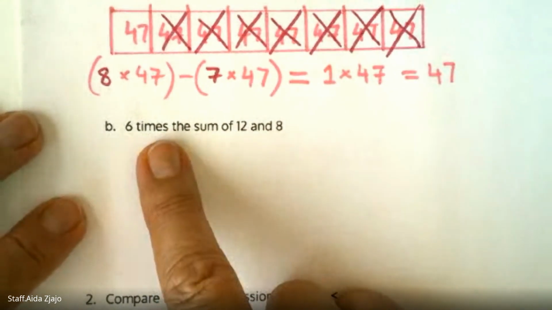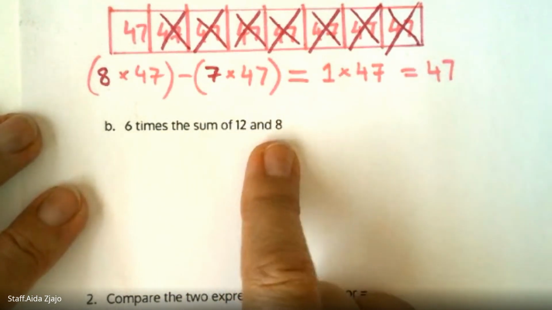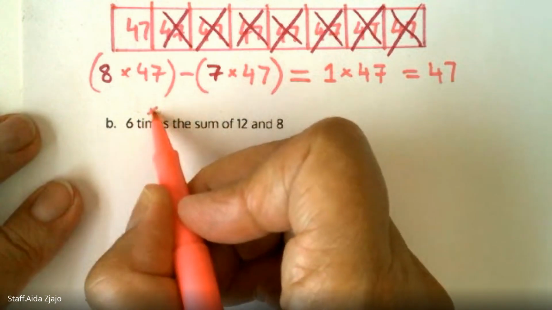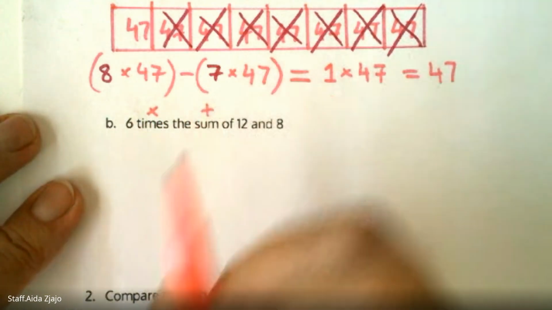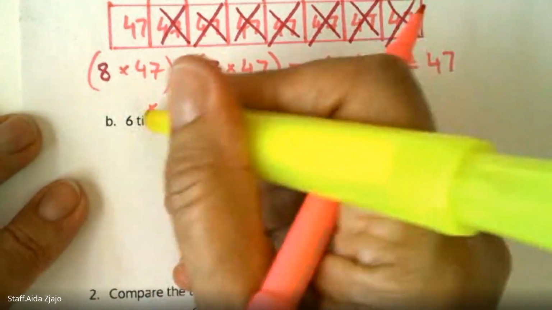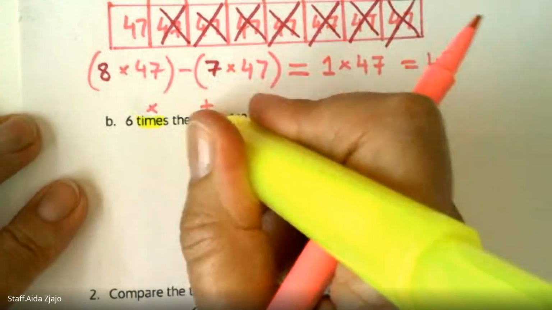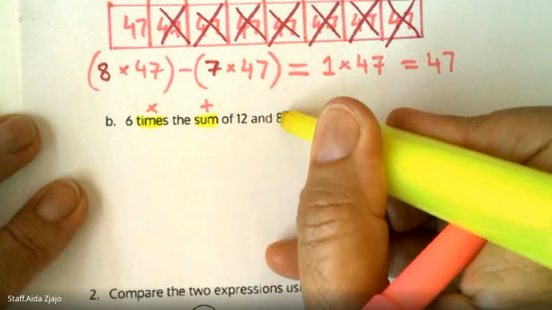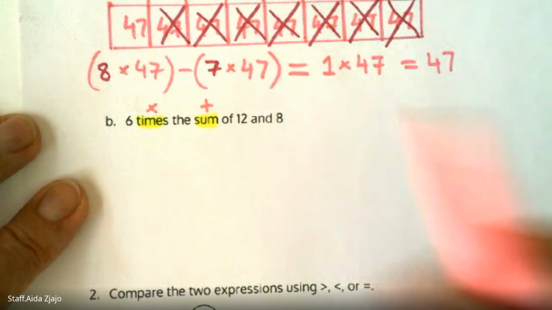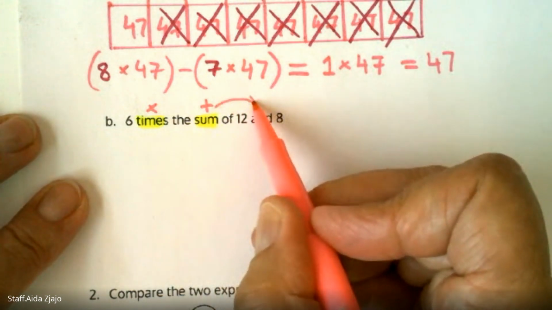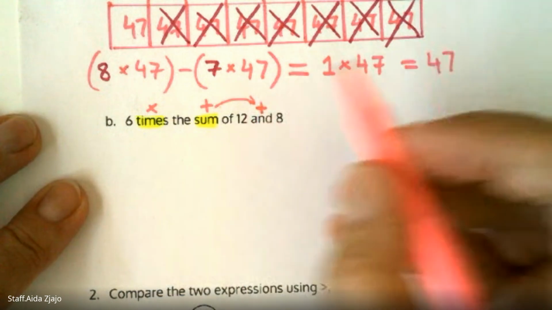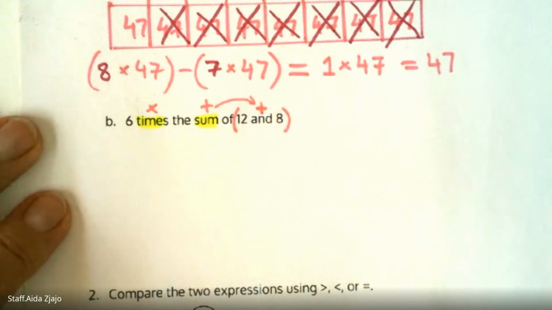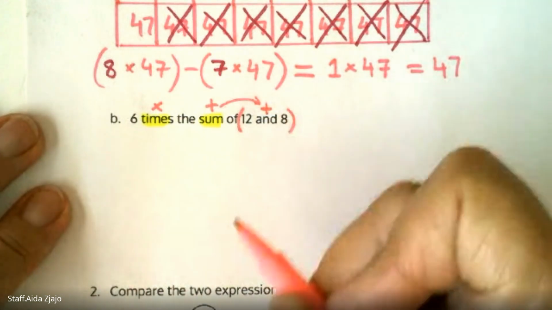So, 6 times the sum of 12 and 8. If you look at this, 6 times, sum is plus, so times is going to be here, and the sum is going to be the sum of what? Two numbers. So when you see "and," that means there is going to be a plus, and in between these two numbers you will need parentheses.